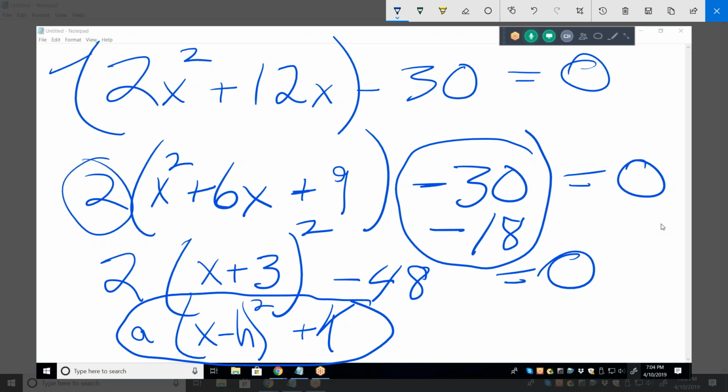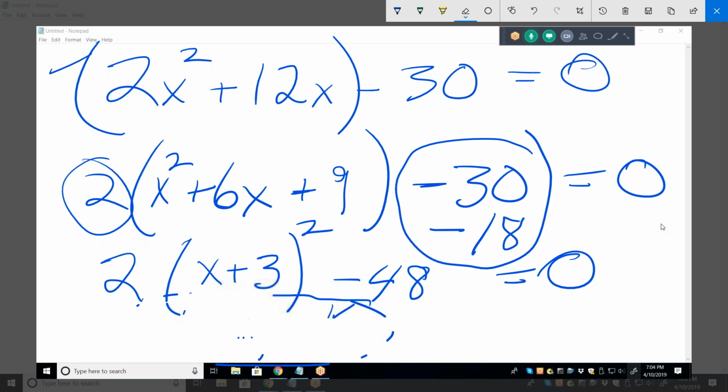Good. Now, do they ask you to solve this? Yeah, solve it by completing the square. So once we get it into vertex format, we could actually have done this a couple of ways. I could have moved the number to the other side. I chose to leave it on the same side because it's nice to know you can get it into vertex format when you need to.